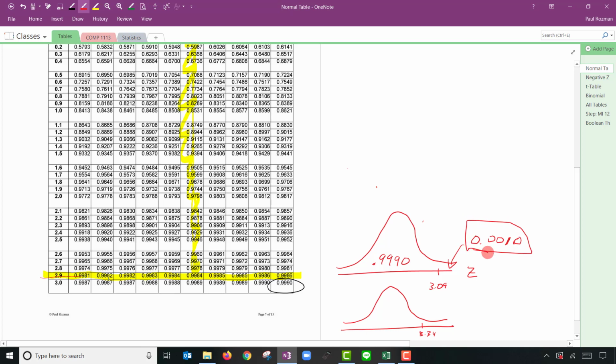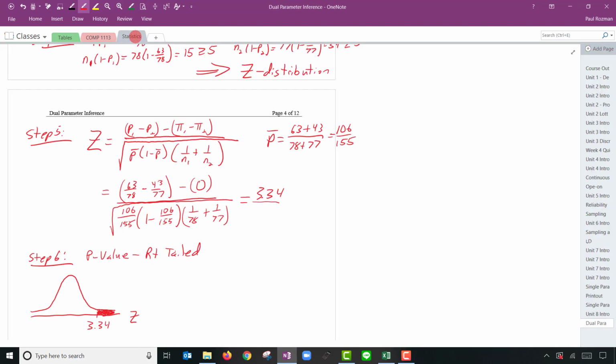So we can go back to our hypothesis test here. I can't get the p-value exactly from the table, but I can say it's certainly smaller than the smallest thing that's in there.